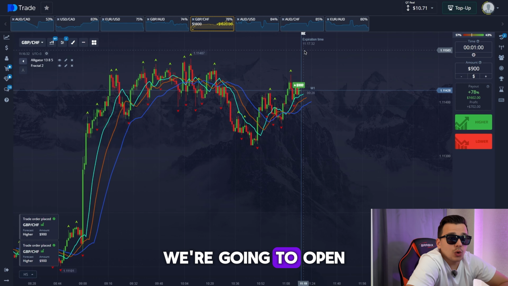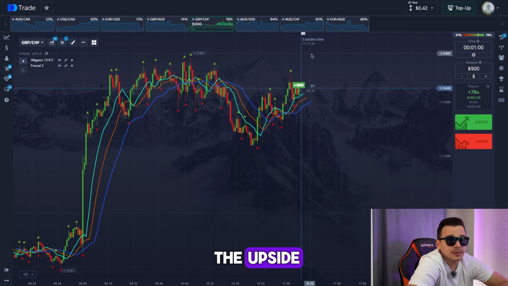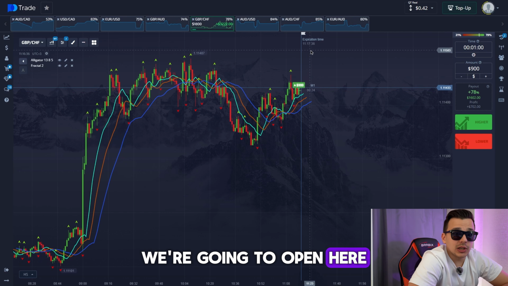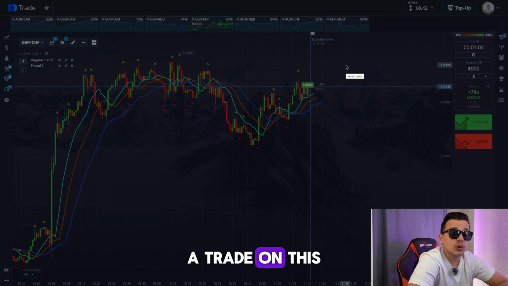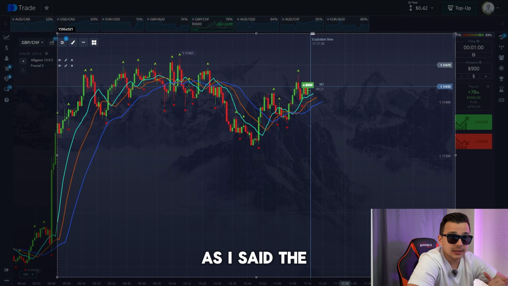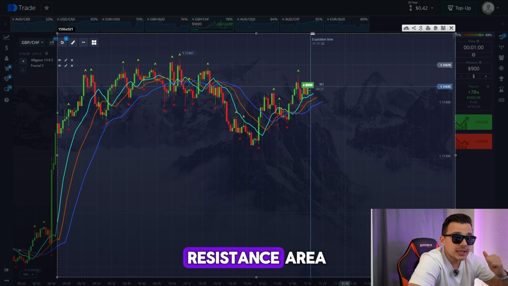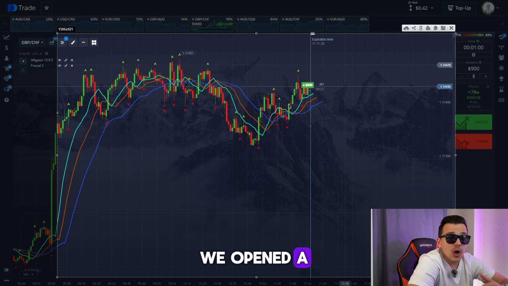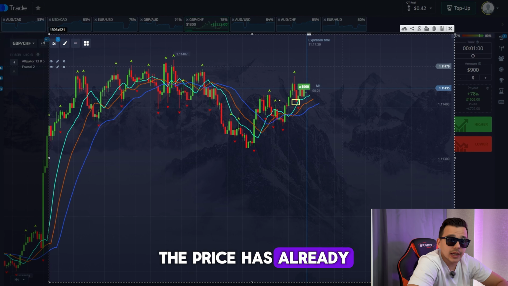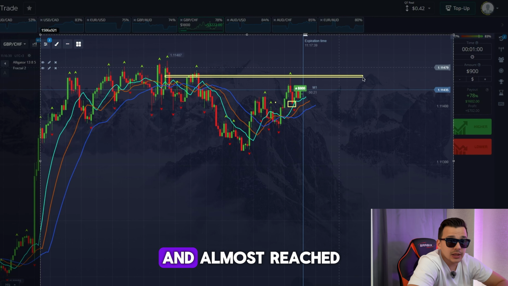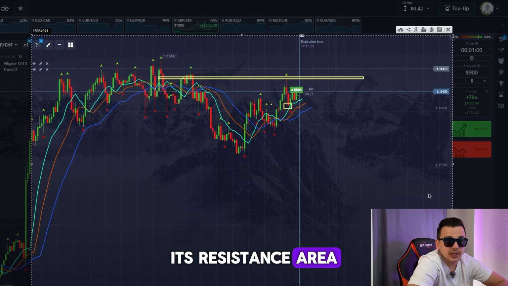And we are going to open up again here on the upside. We are going to open here again in the direction of the trend. We also open a trade on this currency pair. As I said, the price tends to the resistance area. And we open a deal somewhere at this level. The price has already gone higher and almost reached its resistance area.